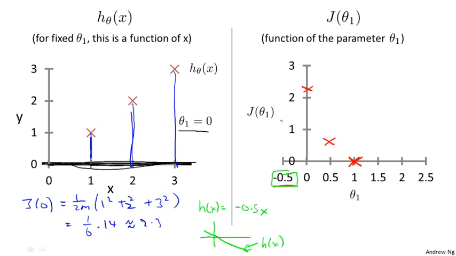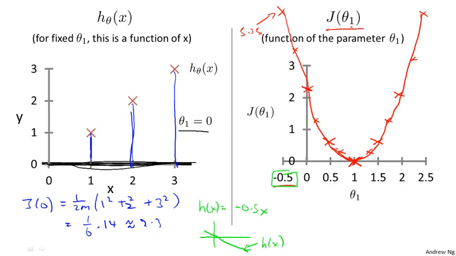This turns out to be a really high error, something like 5.25 and so on. And for different values of theta 1, you can compute these things, right? It turns out that you compute a range of values, you get something like that. And by computing the range of values, you can actually slowly trace out what this function, J of theta, looks like. And that's what J of theta is.